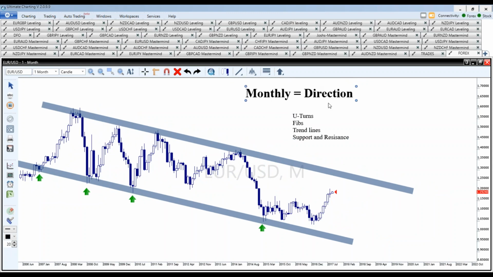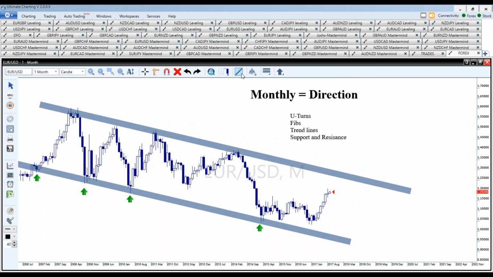And what I mean by that is, if the market's going to complete the movement, is it going to pull back and then go forward, or is it going to just continue forward?